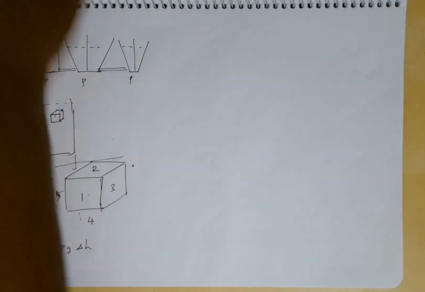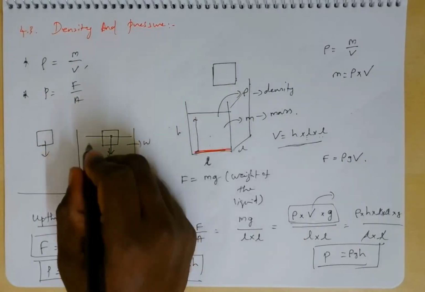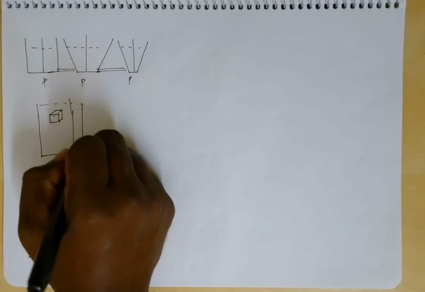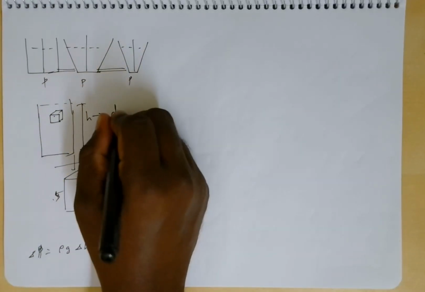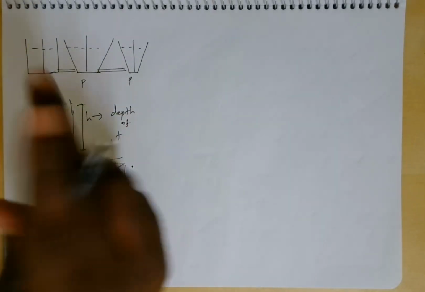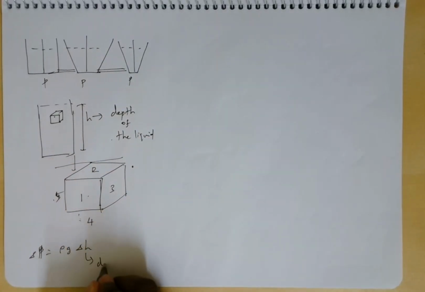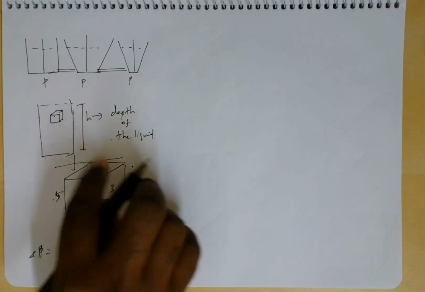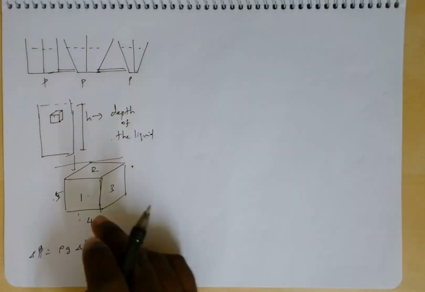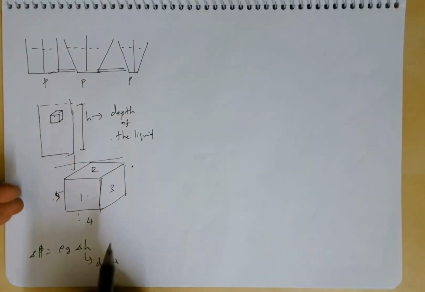So remember this h is not from the ground, but from the top. What we call h is the depth of the liquid, so it should be measured from the top of the liquid, not from the ground. So if you submerge it, face two will experience less pressure than face four, because face four is far from the top, deeper.